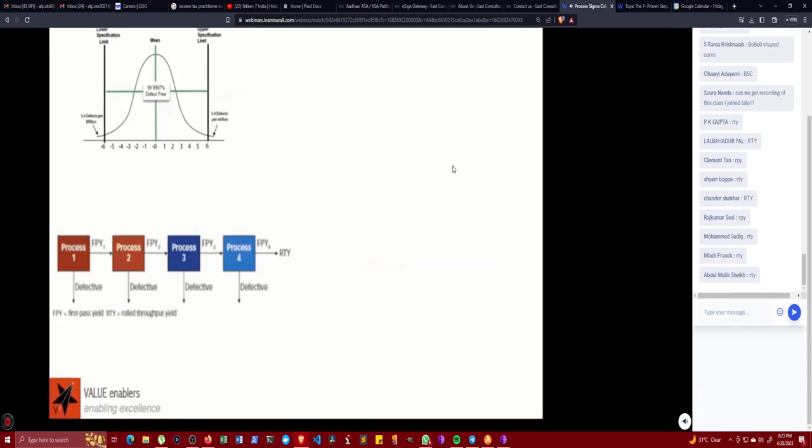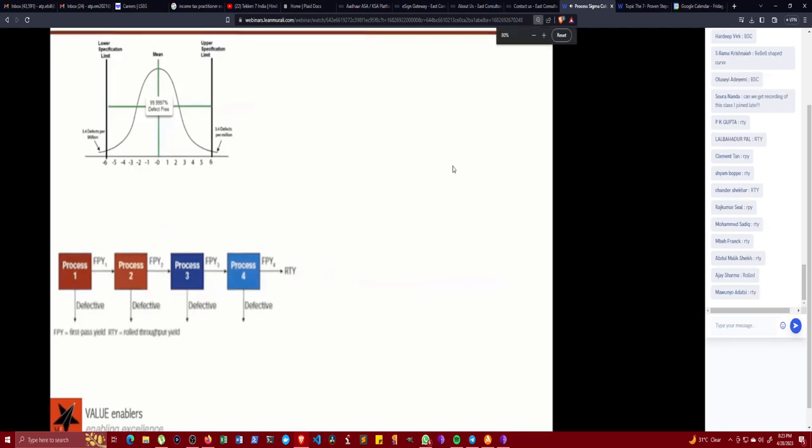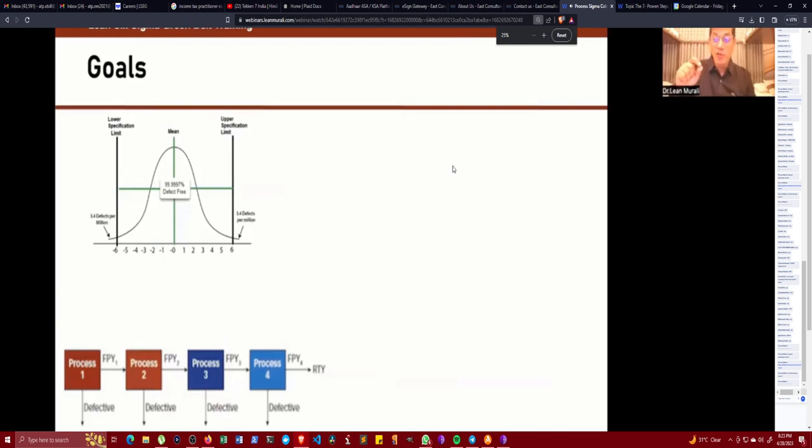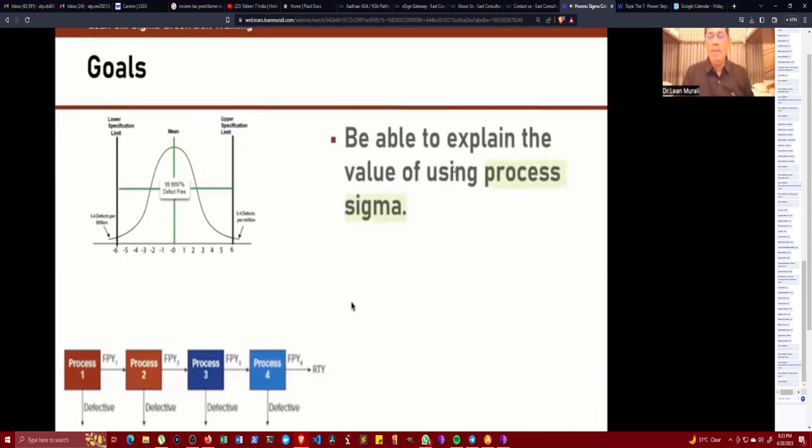I'm going to introduce some terminologies, whether you understand or not. RTY, rolled throughput yield. If I talk about rolled throughput yield today, you will run away from this session, so I'm going to slowly and steadily talk about very simple things so that it is very interesting to you.